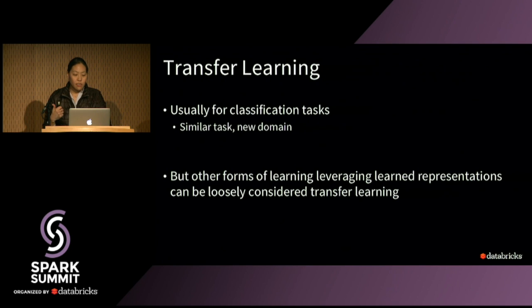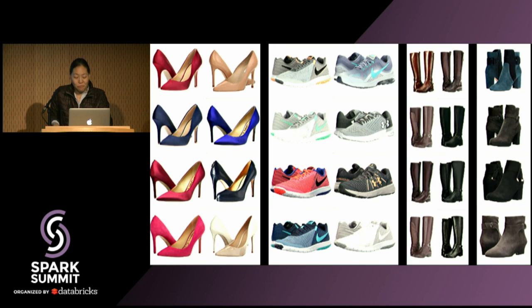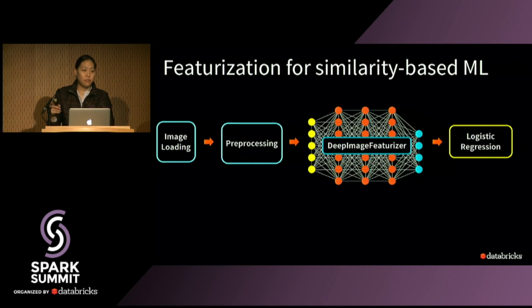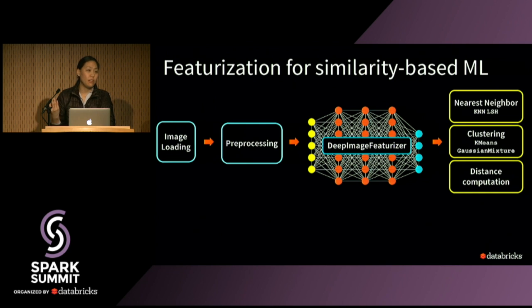So transfer learning in this sort of workflow is usually for classification tasks. So you want to go from the original task for which the model is already trained on lots of data. It's great. And you want to go to a similar task in a slightly new domain. This is great. But I would say other forms of leveraging this learned representation can be loosely considered transfer learning, like finding similar shoes. And in that case, right, we're essentially replacing the logistic regression part here with other algorithms.